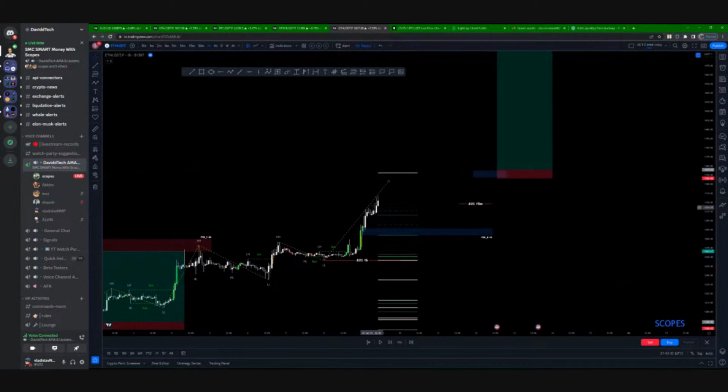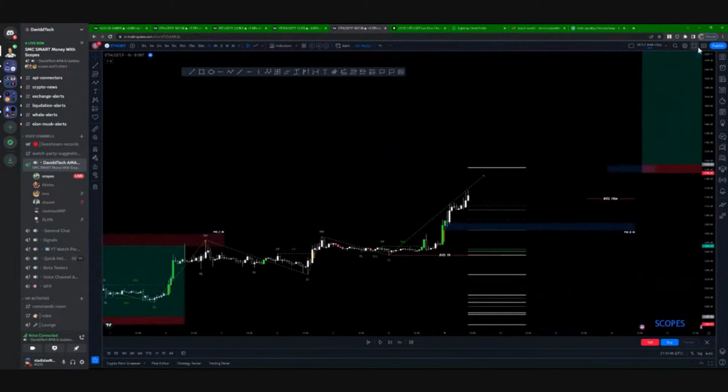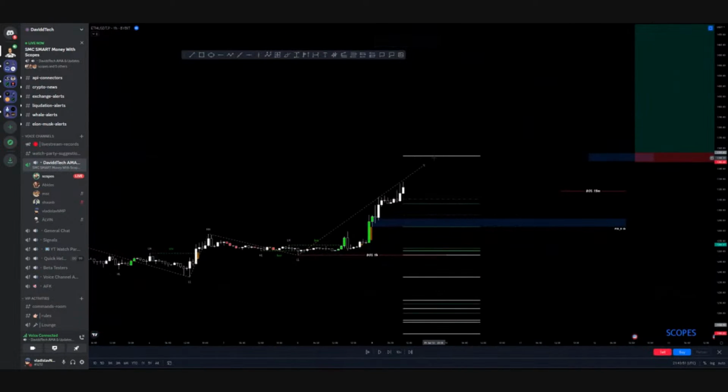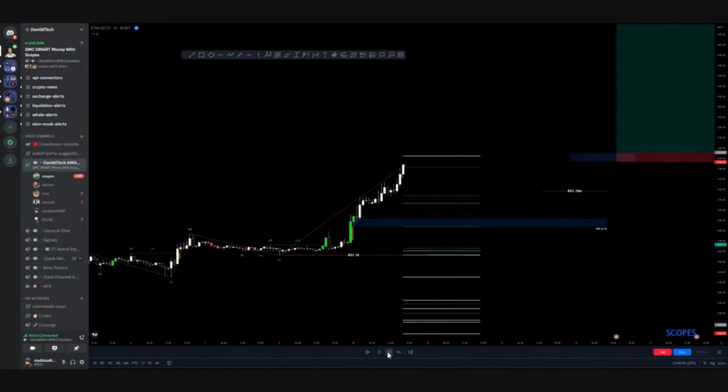If you're traveling up or down, these are the targets that price will try and look for, because all markets are doing is looking for liquidity to take. So as soon as you see a break, you can look at these for price coming back down or anything like that. So this is why I found this indicator.